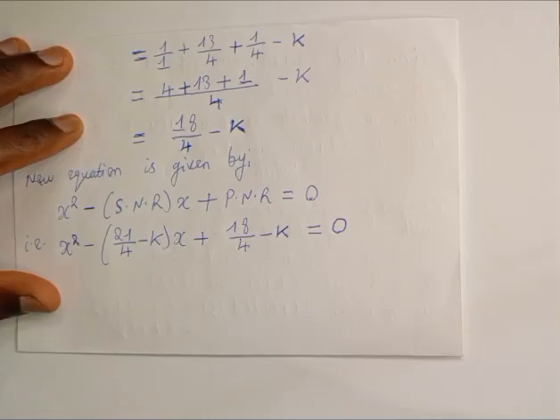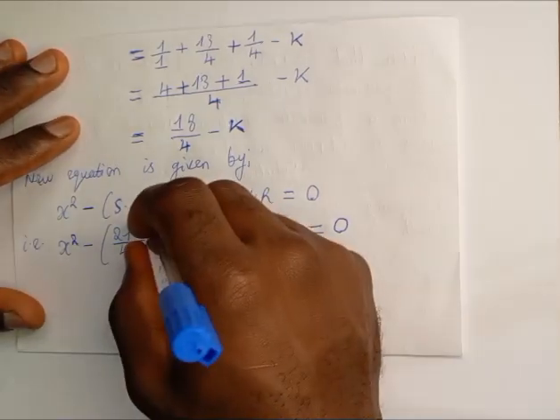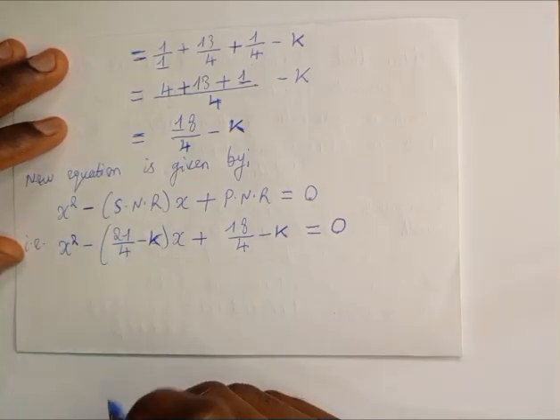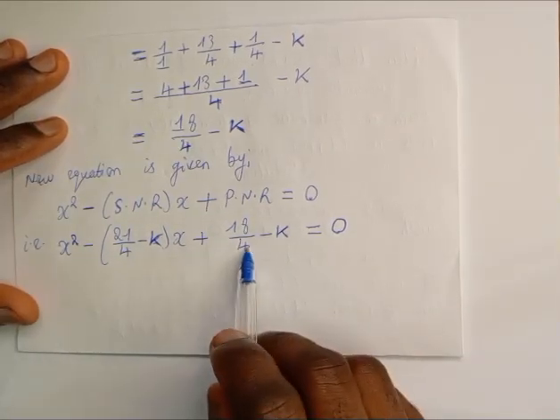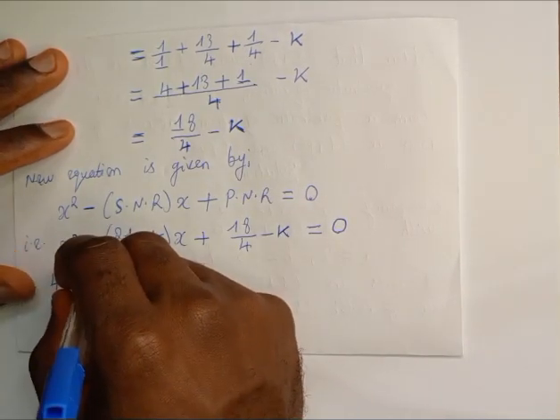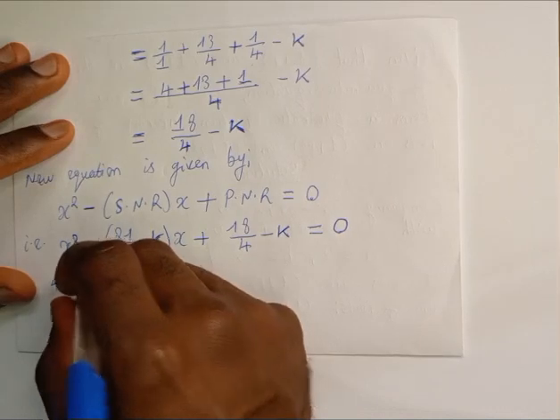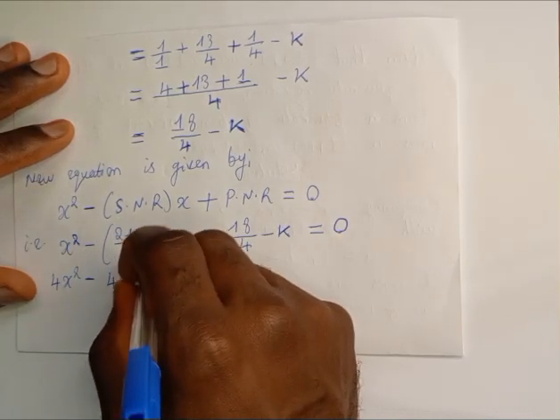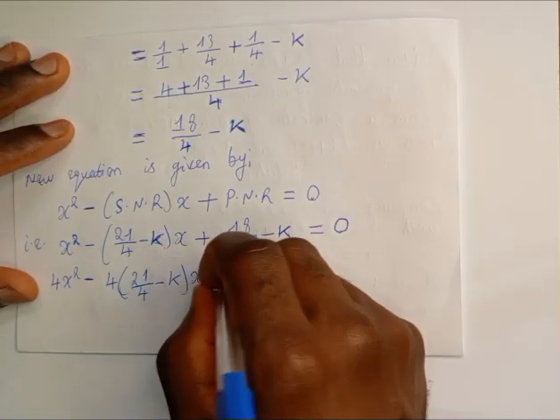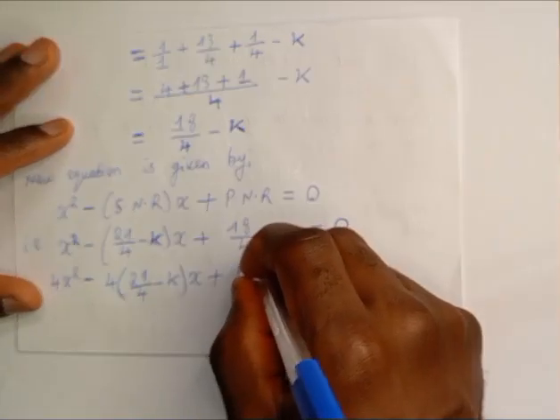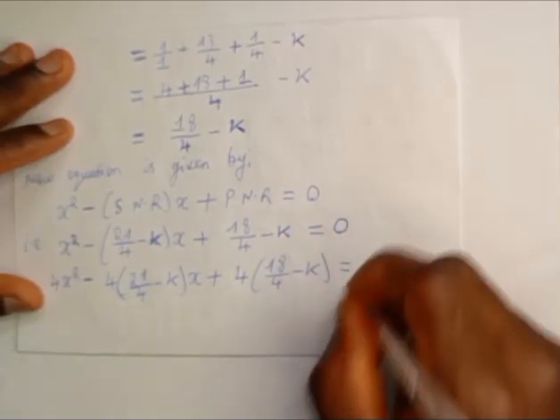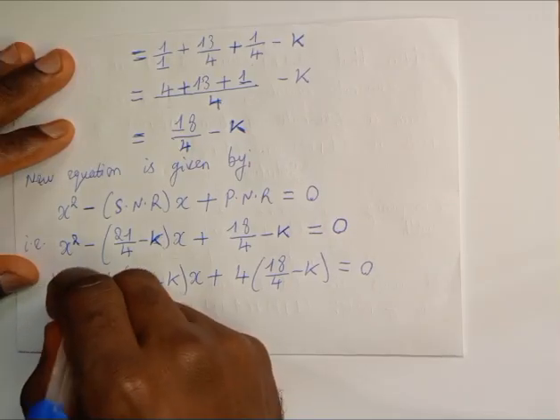Now at this level, we can decide to multiply both sides by 4 so as to eliminate this 4 at the denominator. Multiply both sides by 4. This will give us 4x squared minus 4 times 21 over 4 minus k times x plus 4 times 18 all over 4 minus k is equal to 0.